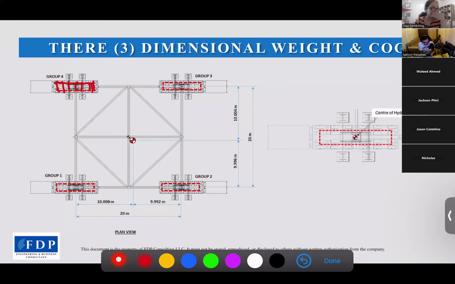This is X, this is Y, right? So it will be the same as when we find the lifting point reaction.